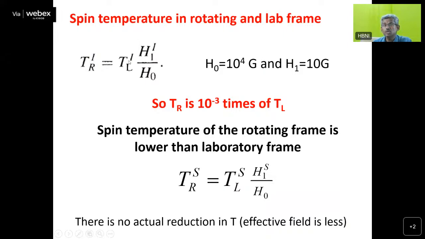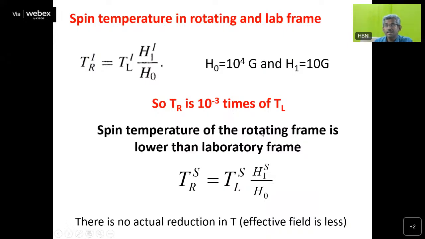If you take the ratio, it will become 10 raised to minus 3. So what I want to confirm is that the temperature in the rotating frame is 10 raised to minus 3 times the temperature in the laboratory frame. Suppose the laboratory frame temperature is 300 Kelvin. Then the rotating frame temperature will be 300 into 10 raised to minus 3, or 0.3 Kelvin.